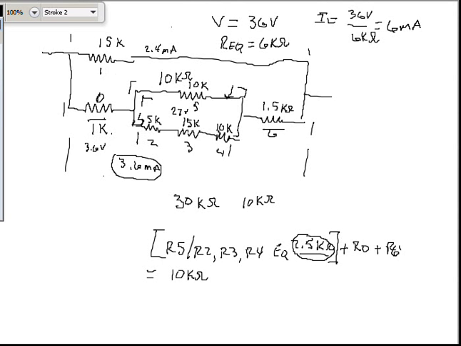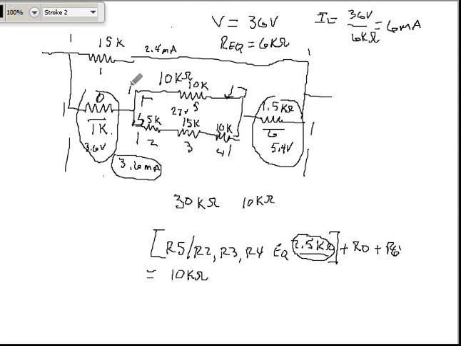And 1500, oops, not 15,000, 1500 times .0036 equals 5.4 volts. So those are the individual voltage drops across the 1K and the 1.5K.